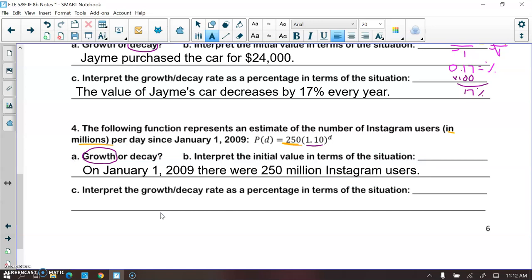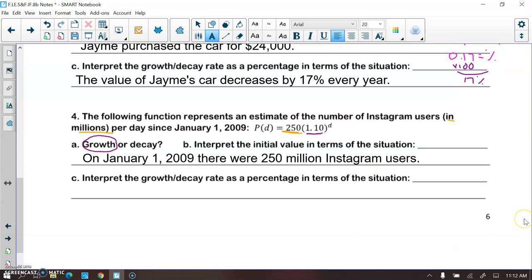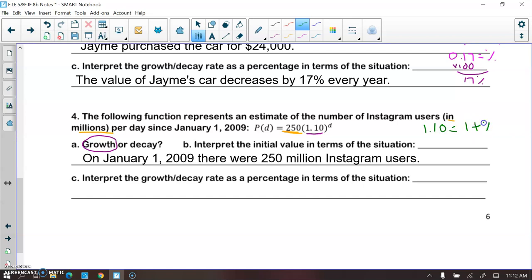Now we're going to interpret the growth rate. So I'm going to set my 1.10 equal to 1 plus my percent expressed as a decimal. Subtracting the 1 from both sides, I would get 0.10 is equal to my percent expressed as a decimal, and multiplying by 100, this gives me 10%.